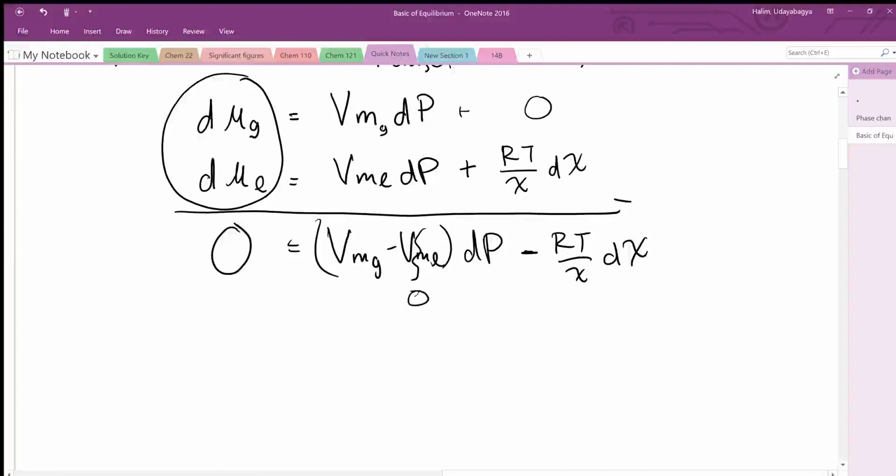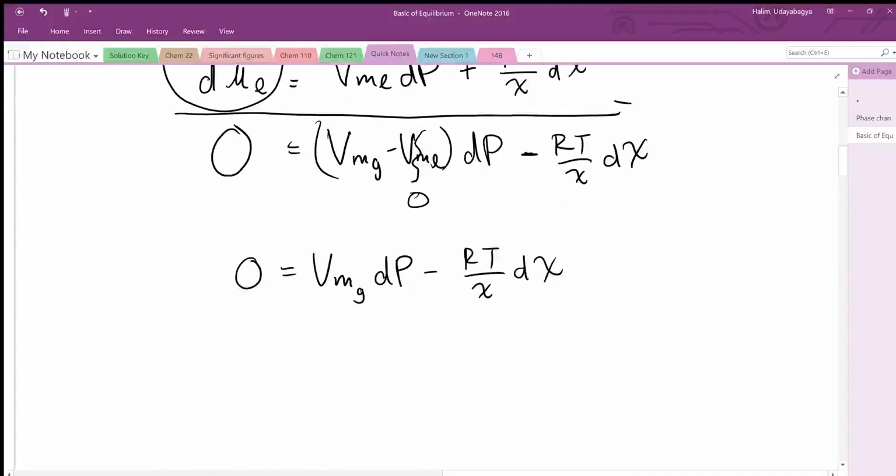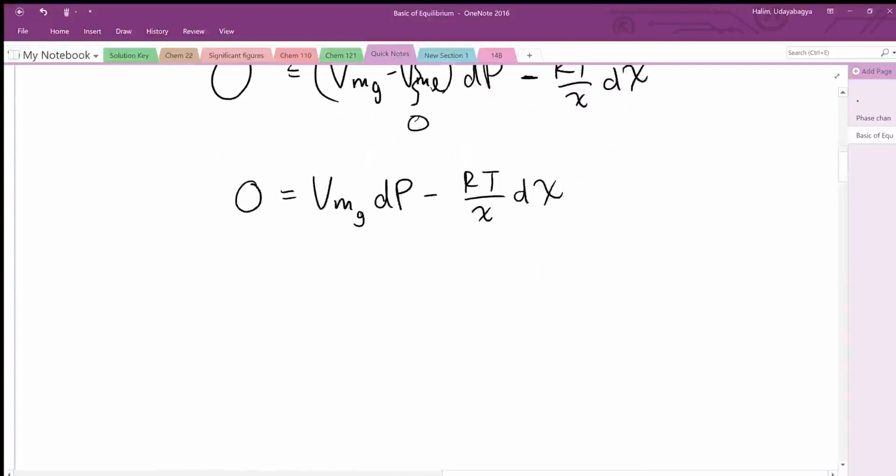So now we're simplifying the equation: 0 is equal to Vm times dP of the gas phase minus RT over chi d chi. And I'm going to add another assumption, that our gas is ideal.